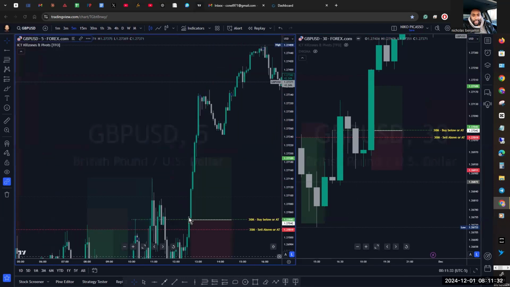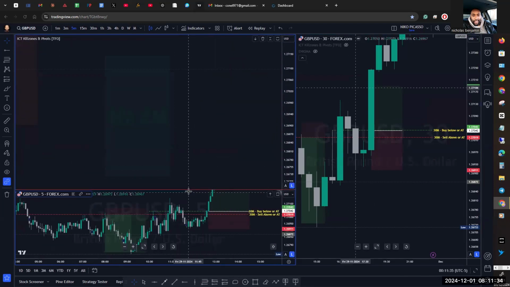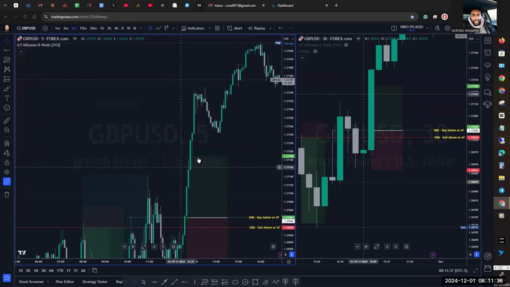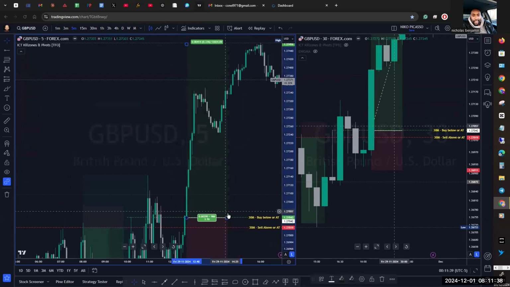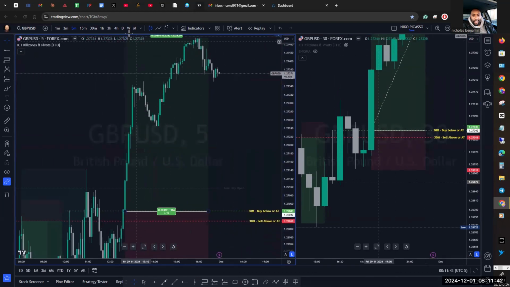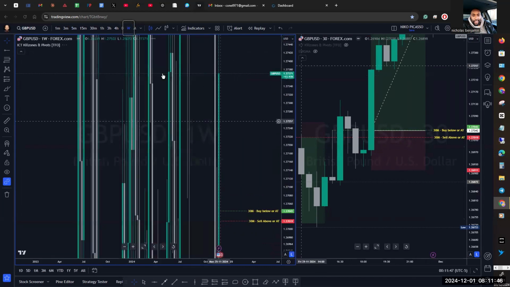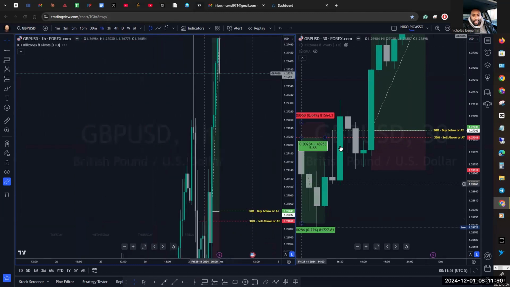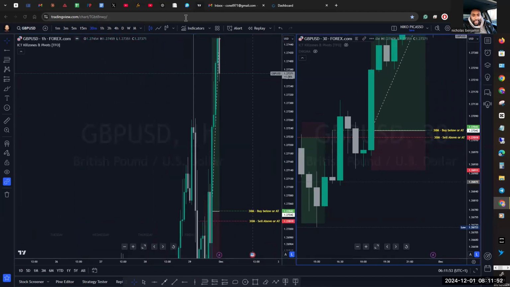And then as you can see, the price continued to rise. And that's it. You can look at it on the monthly time frame, weekly. I'm going to show you examples on the weekly time frame just so you can see that this is not random.